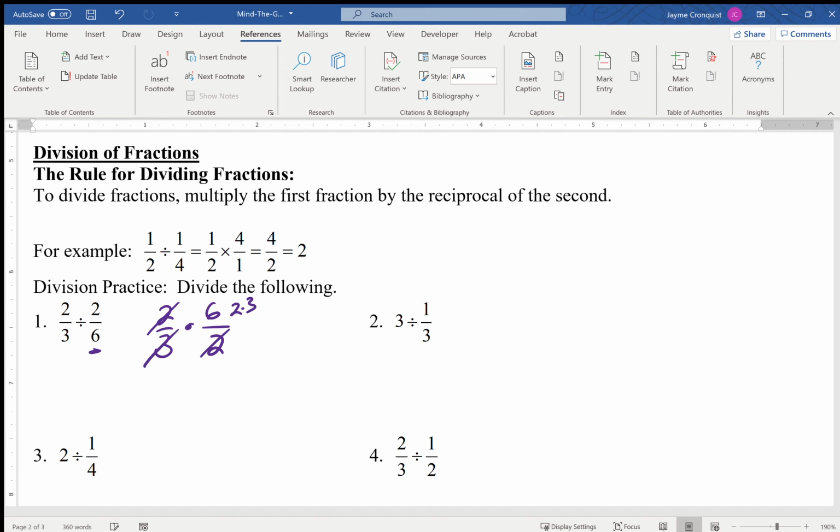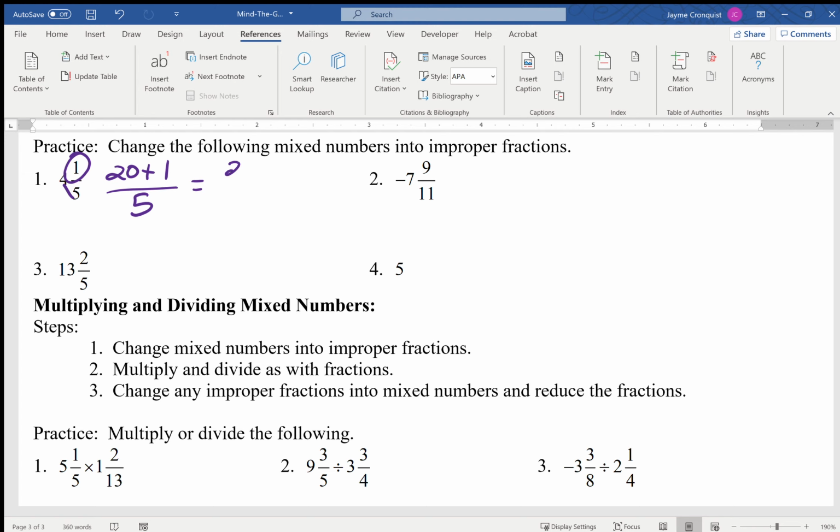I lost my little thingy to help me advance. Okay. 5 times 4 is 20, plus the 1, all over the denominator we started with. So that's 21 over 5. Not too bad. Here it's still going to be negative. 11 times 7 is 77. Add the 9.